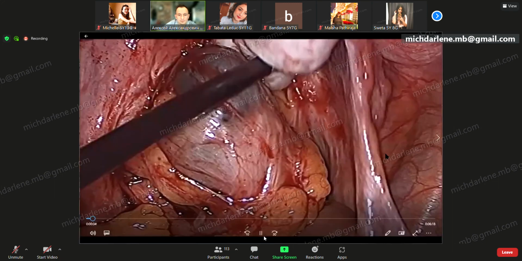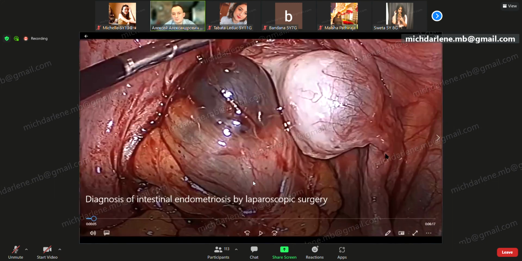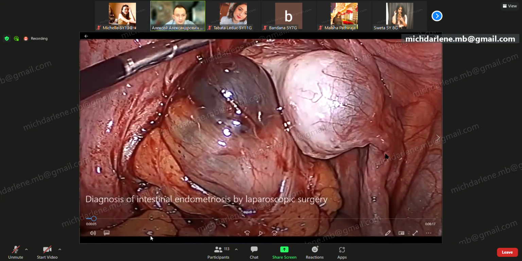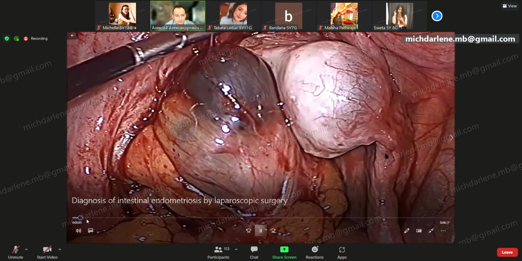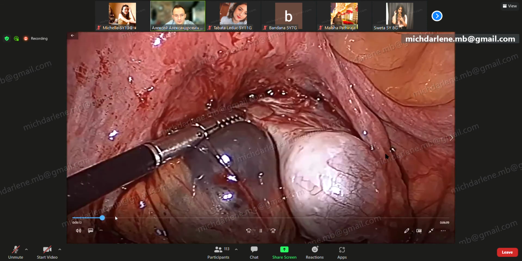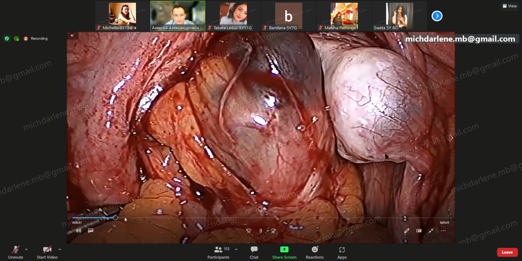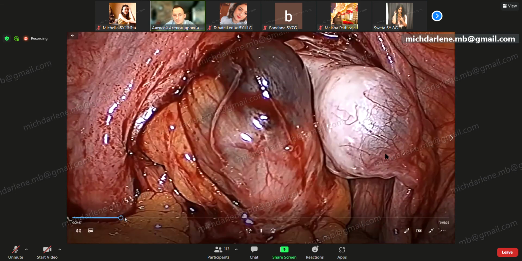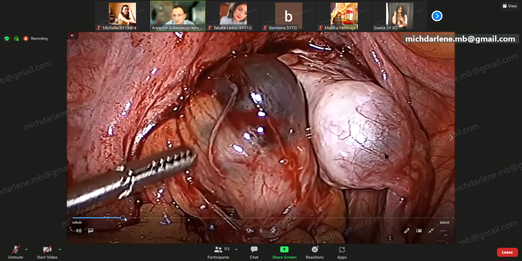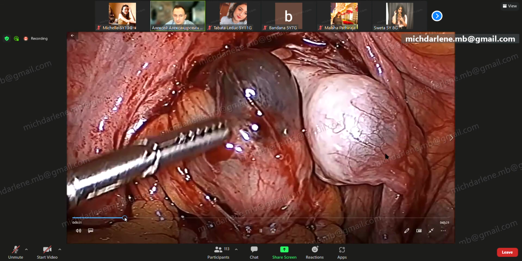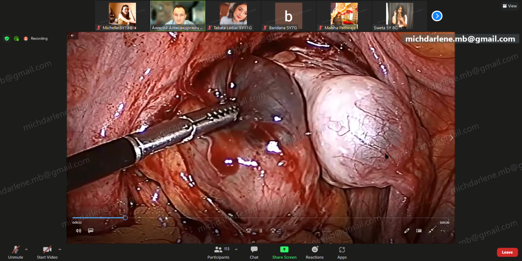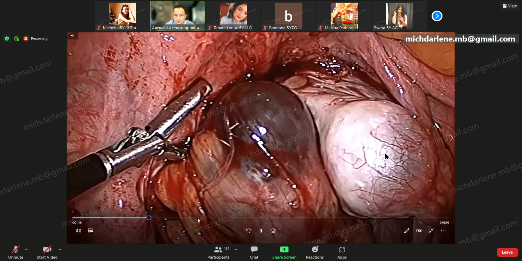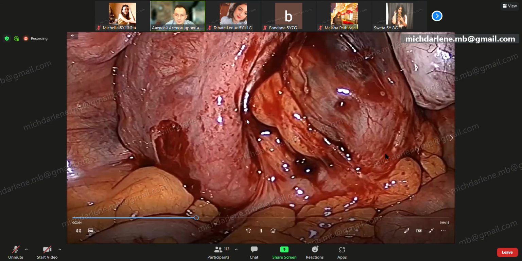We'll take a look at the intestine, sigmoid part and rectum, and take a look at the growth inside the wall of the intestine. How to work with that endometriosis if you have only skills in gynecology? Impossible, guys, and it's very difficult. It depends on the stage of endometriosis.